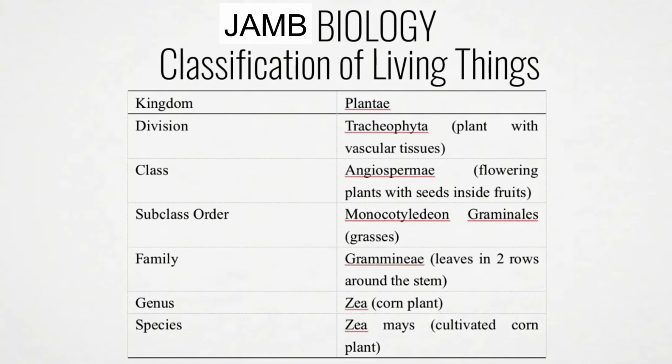For the subclass or order, it is Monocotyledon graminalis, which is grasses. For the family, it is Graminae, which represents leaves in 2 rows around the stem. For the genus, that's Zea, which means corn plants. Then for the species, it is Zea mays, which is cultivated corn plants.